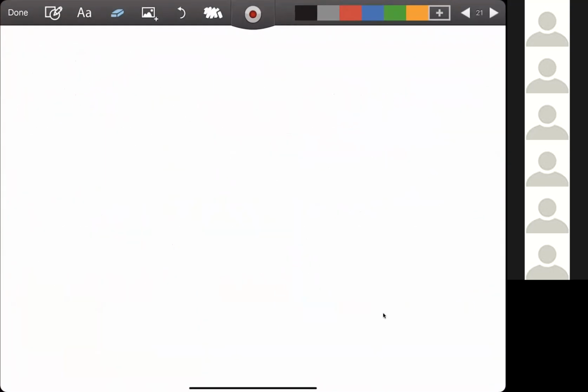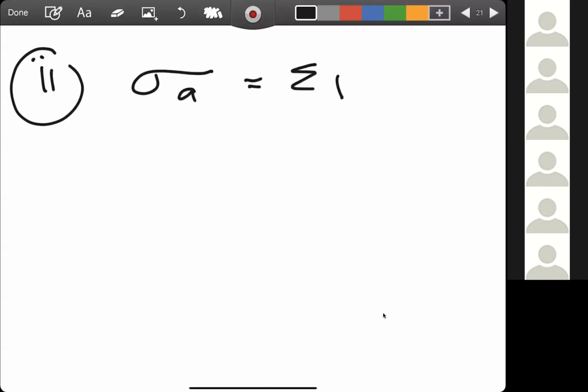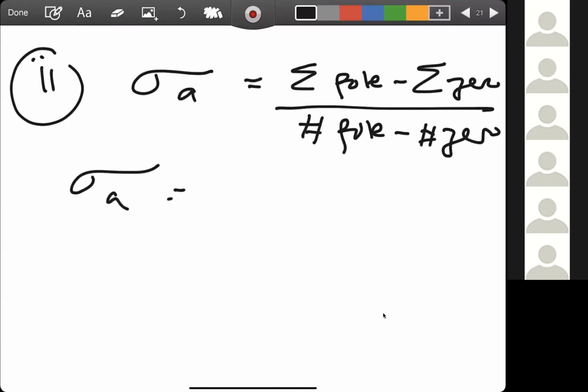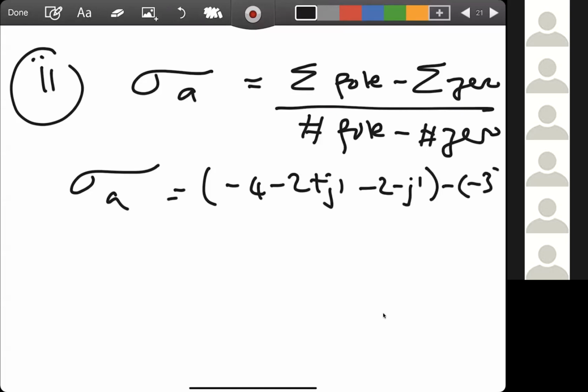Part 2 is the asymptote point, which is minus 2 minus J1 minus 2 minus J1 minus 3.